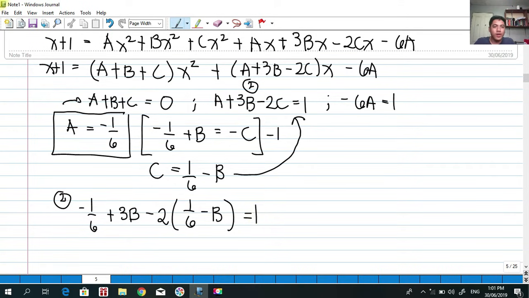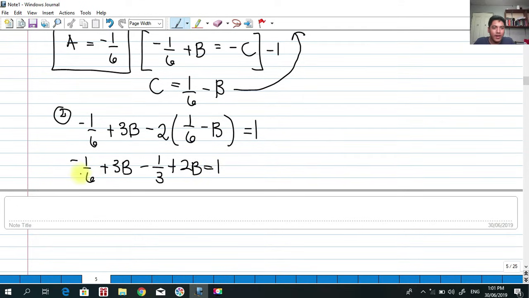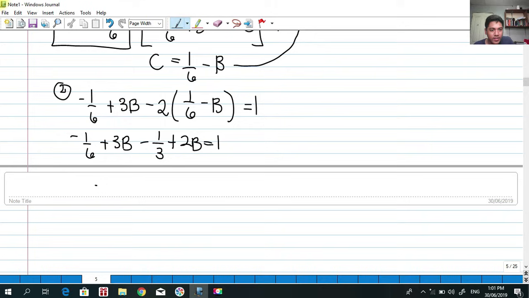Again, performing algebra, we have negative 1 over 6 plus 3b. Negative 2 times 1 over 6 is negative 1 over 3. Negative 2 times negative b is plus 2b, and that is equal to 1. Combining like terms, 3b plus 2b is 5b, equal to 1 plus 1 over 6 plus 1 over 3.